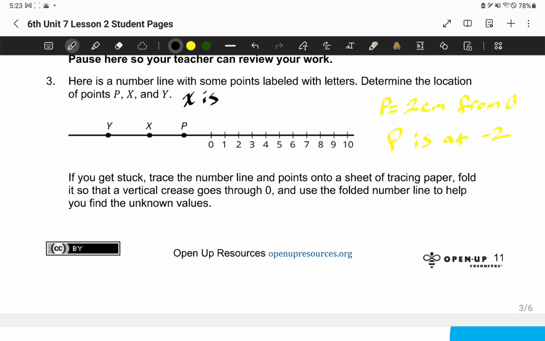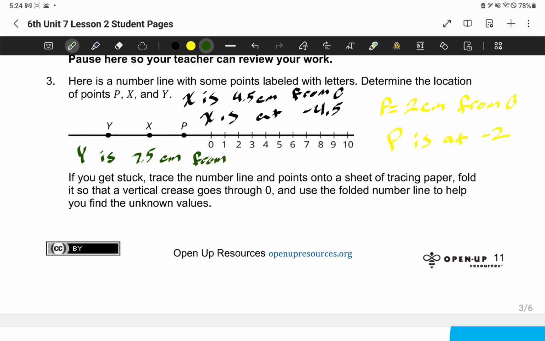X is 4.5 centimeters from 0. So X is at -4.5. And Y is 7.5 centimeters from 0. So Y is at -7.5.